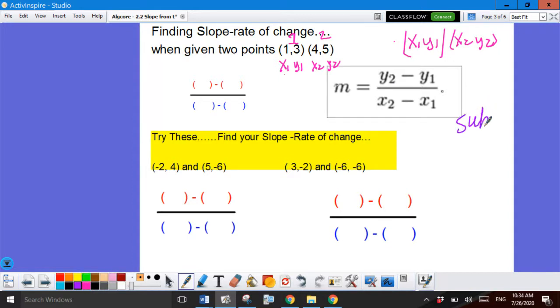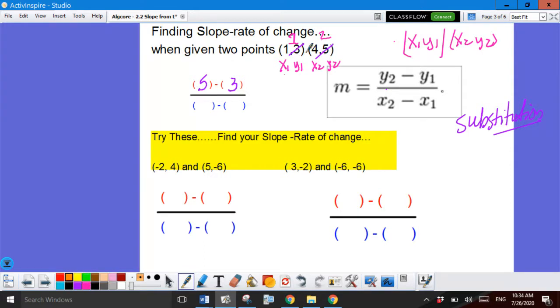Since we are using substitution, I need to make sure and use parentheses. I'm starting with y2. That's a 5. I'm going to cross that out. What number is in the same location on the other point? Well, y1 is a 3, so I'm going to cross that out.